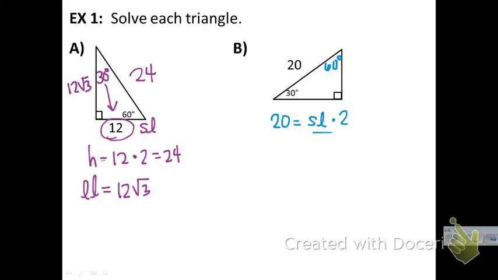Then to solve for the short leg, we divide by 2, and we can see that the short leg has to be 10. So remember, the short leg is opposite the 30-degree angle, so this side is 10. And then we're going to use that short leg information to find the long leg. The long leg is equal to the short leg, in this case 10, times root 3. So our long leg here ends up being 10 root 3.